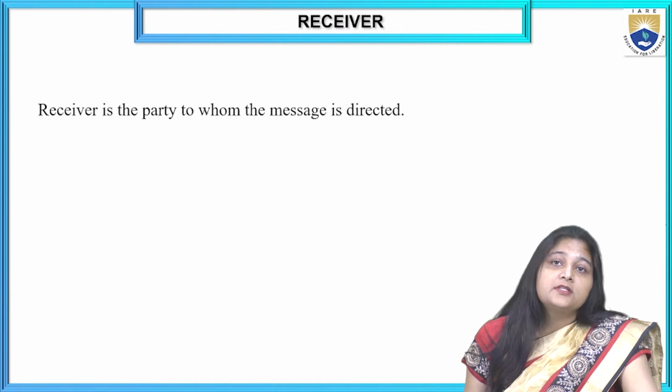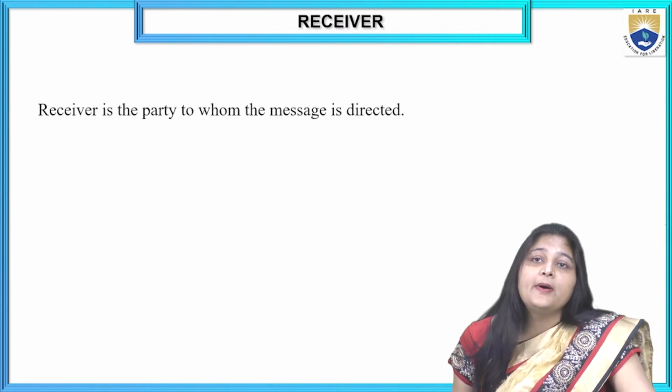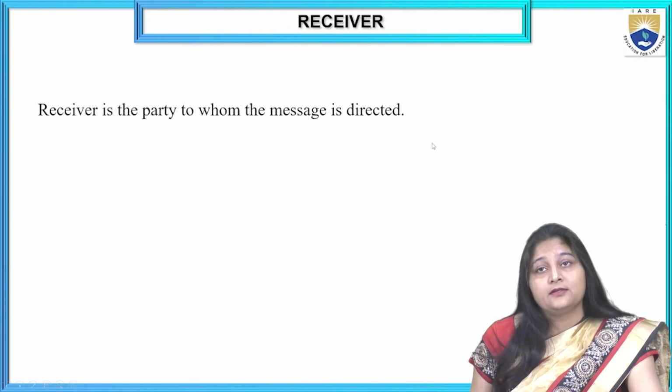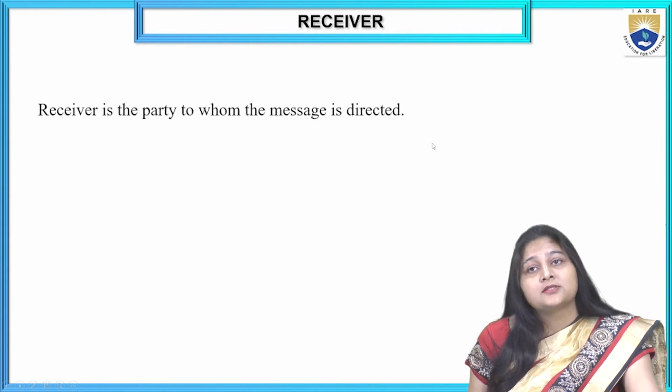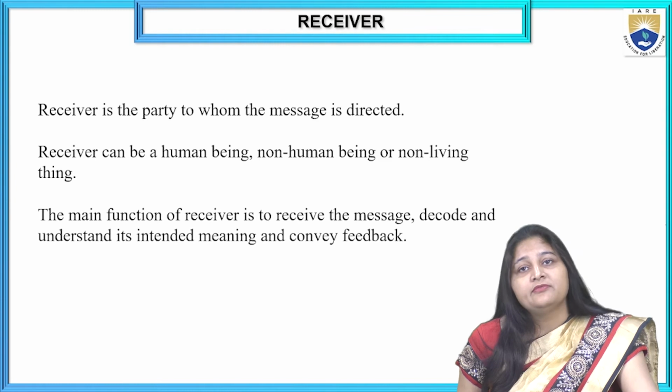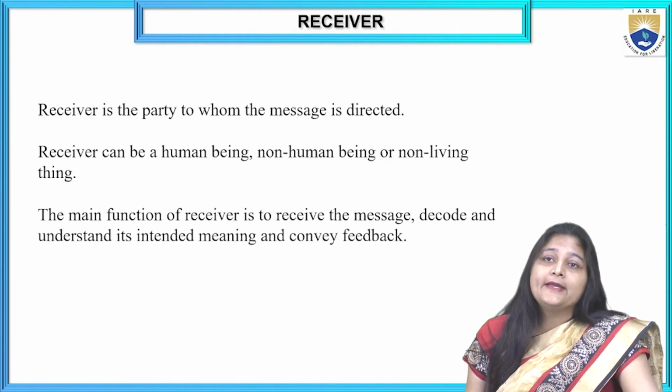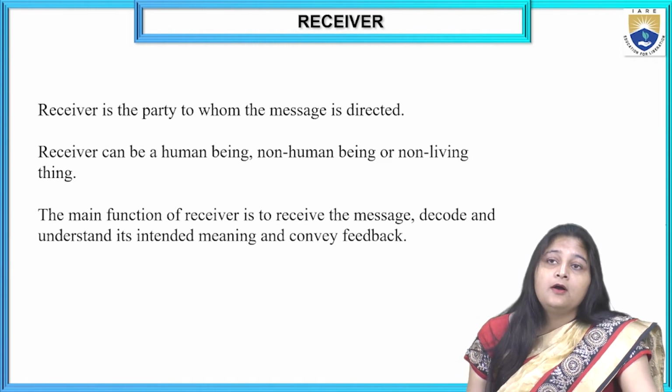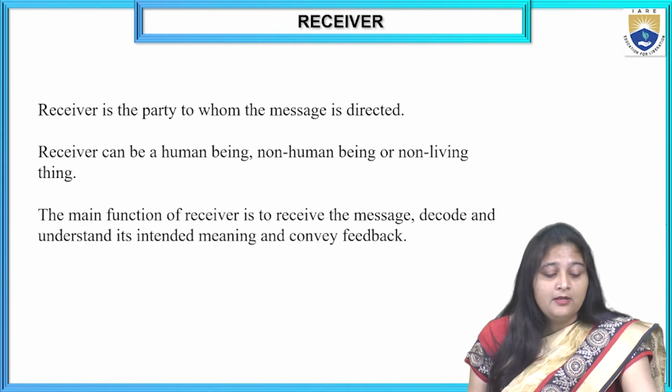Let us look at the receiver. Receiver is the party to whom the message is directed, to whom the message is sent, to whom the message is conveyed. So the receiver can be a human being, a non-human being, or a non-living being also.